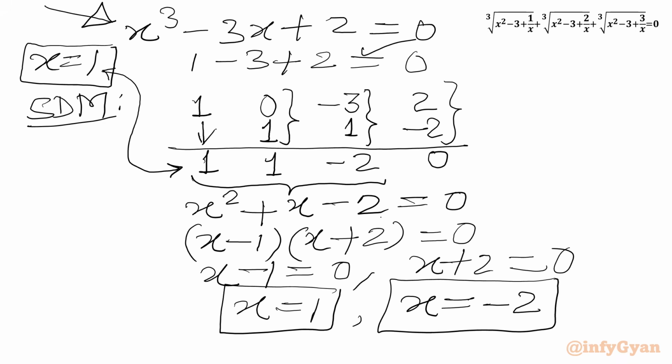So we have two real solutions. Our first solution was x equal to 1, which is repeating here, x equal to 1, and we have third solution x equal to minus 2. So one is having multiplicity, we have two real x which will satisfy our equation: x equal to 1 and minus 2.